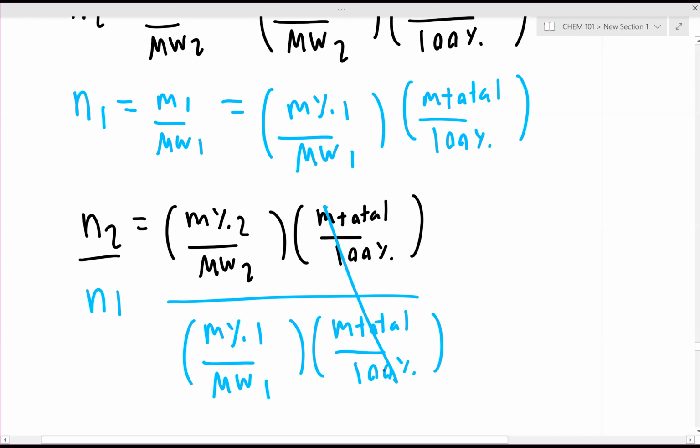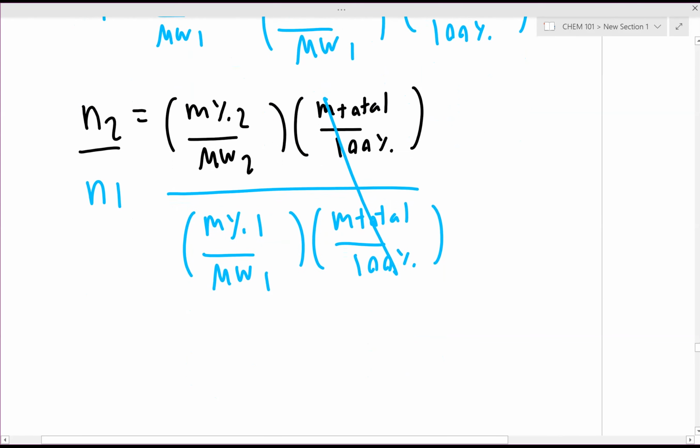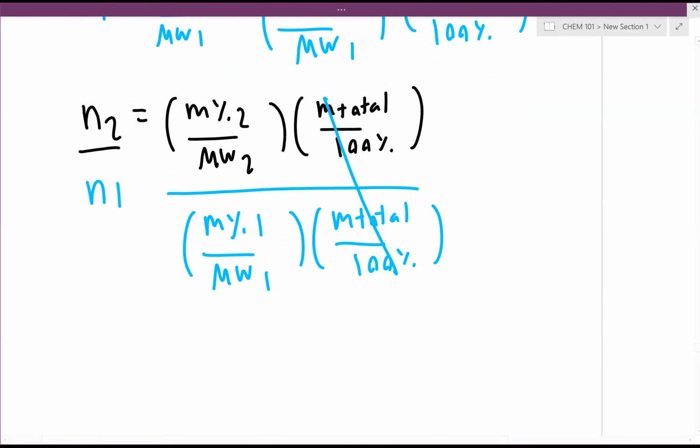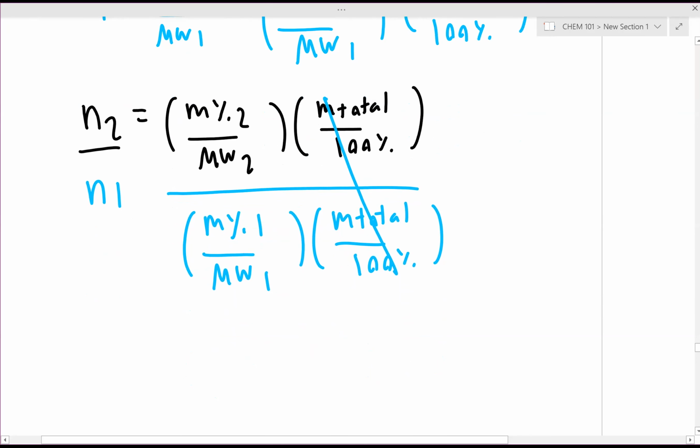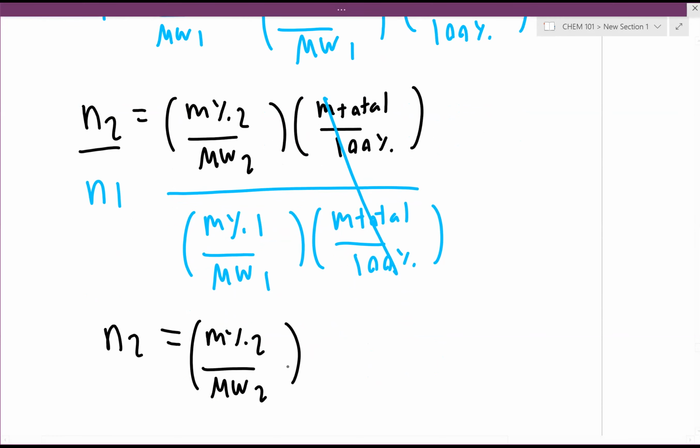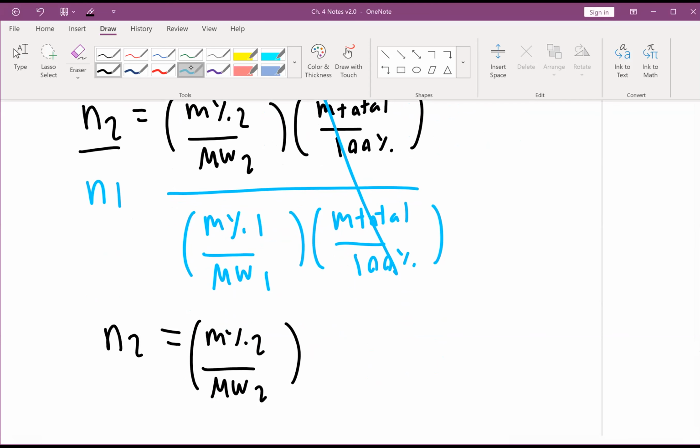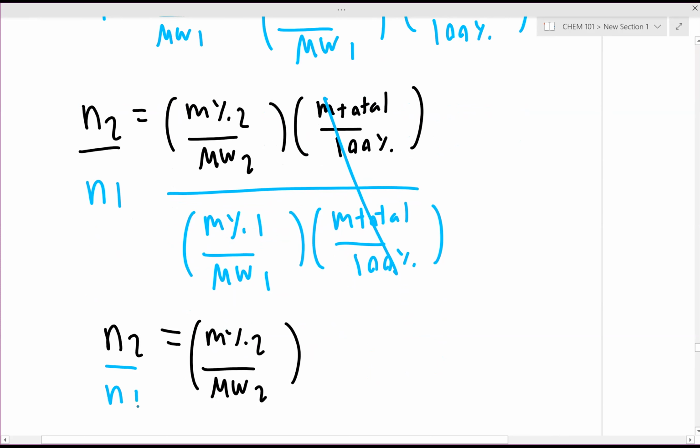And we're left with, and this is the equation that you're going to want to use, that the empirical formula, or the simplest mole ratio, is equal to N2, which is the mass percentage of 2 over the molar mass of 2, divided by N1.